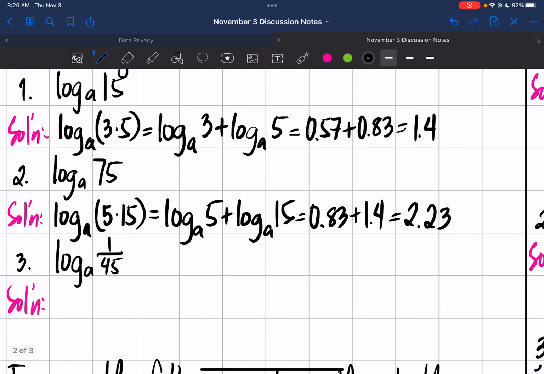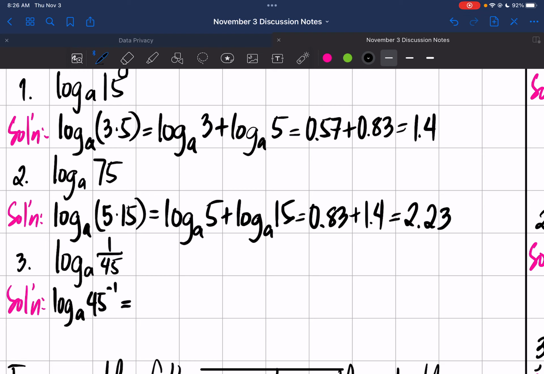So, for the third one, we have here log of 1 over 45 base a. So, yung 1 over 45, we can rewrite that as 45 raised to negative 1. So, we have here log of 45 raised to negative 1 base a.